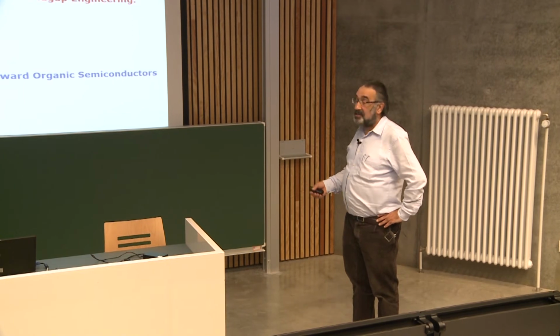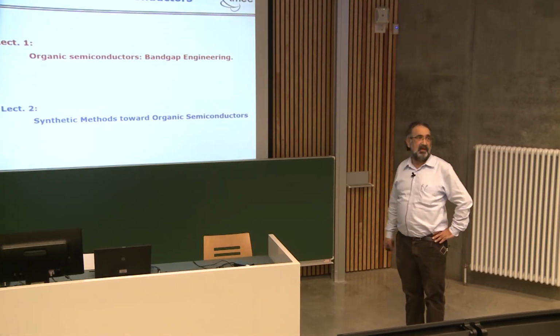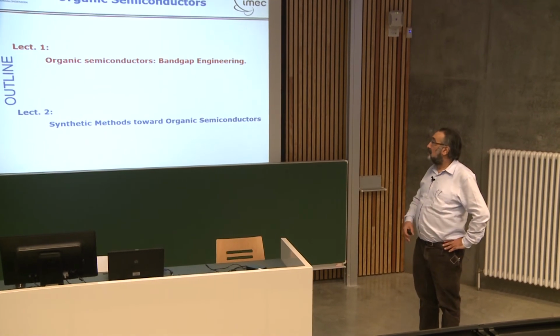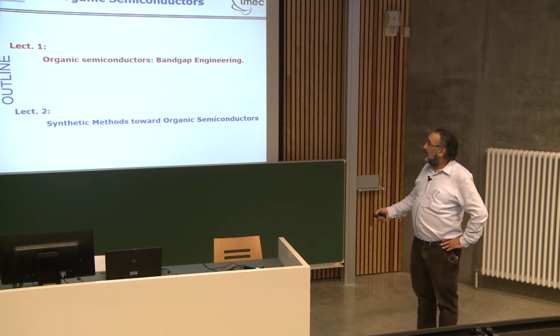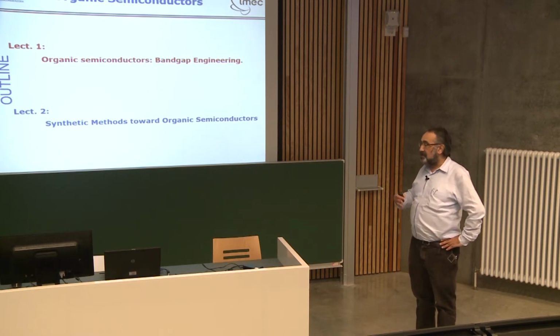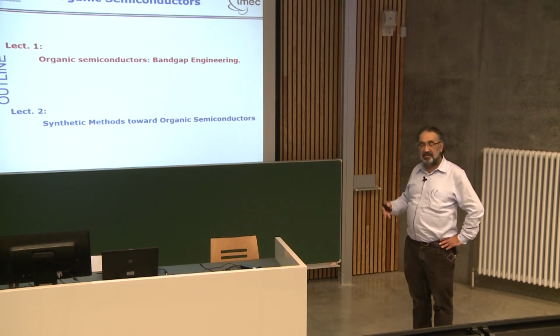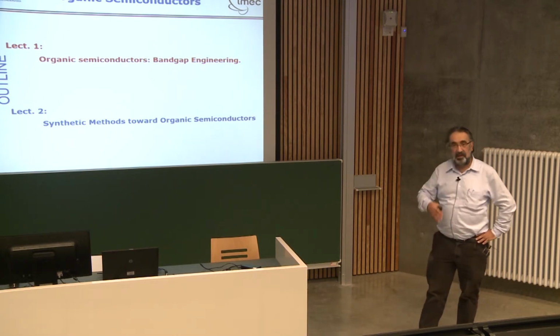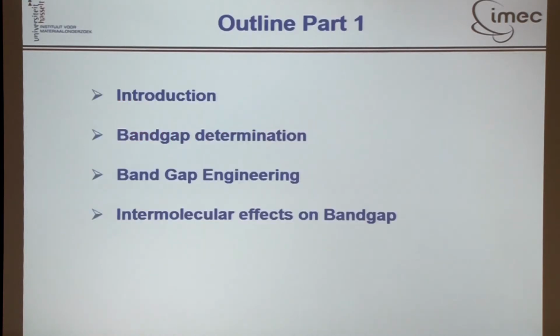And as you will see, this relates very strongly to the band gap and band gap engineering, how you can do that, and how the band gap relates to structural parameters. In the second lecture, we will go more into the synthetic methods that are used. Organic chemistry is used to make these materials.